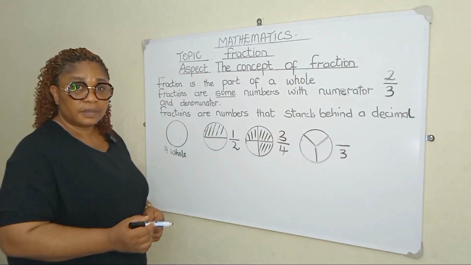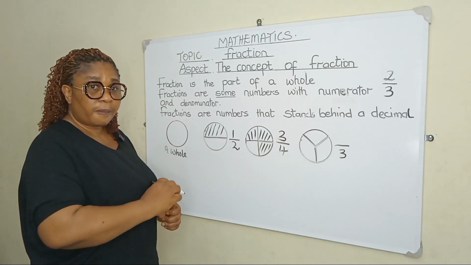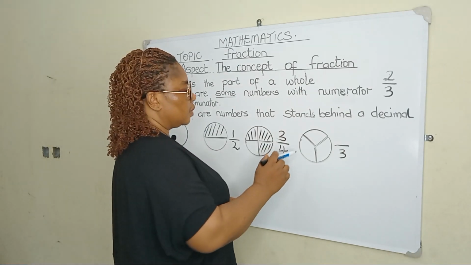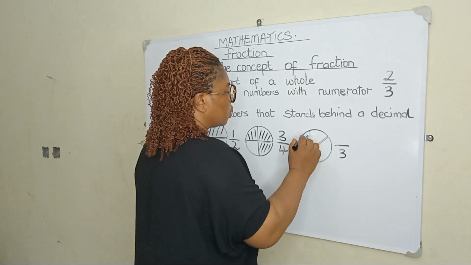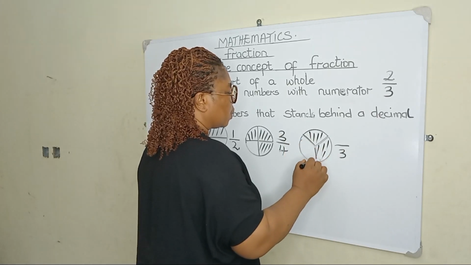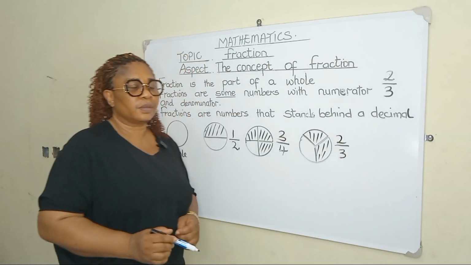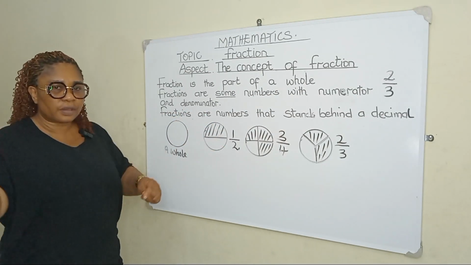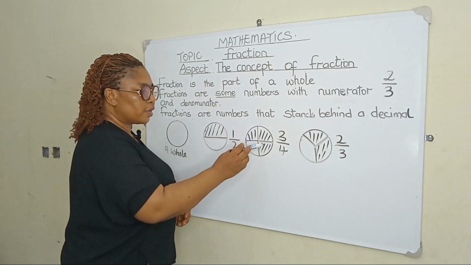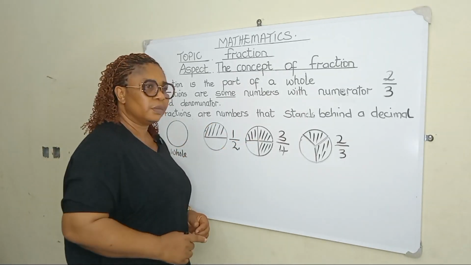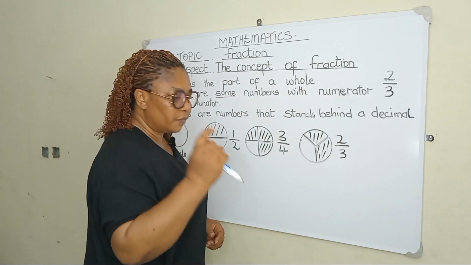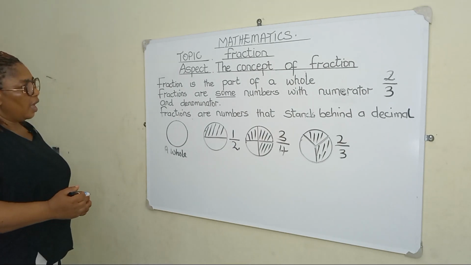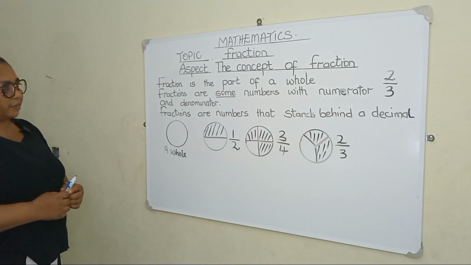That is a fraction. Something is 4, and 3 was taken away from it. Here, I would like to take 2. All these are fractions: 1 out of 2, 3 out of 4, then 2 out of 3. That is for definition number 1.